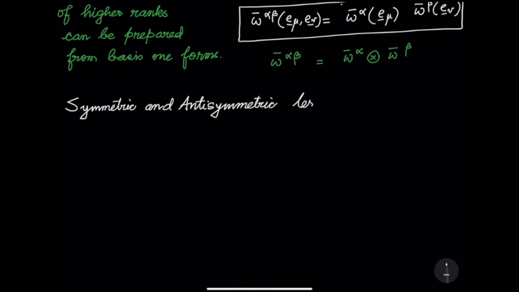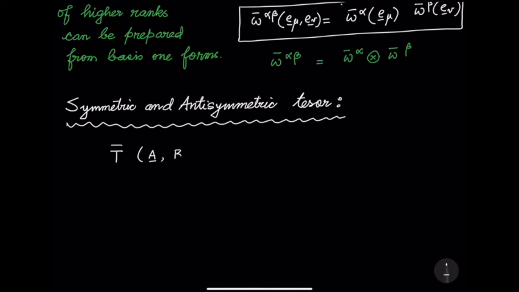See, it is not necessary that you will always get the same scalar if you switch the order of the operations. For example, if I have T as the tensor and I put A in the first place and B in the second place, it is not necessary that it will be the same as if I put B in the first place and A in the second place. This is true in general.